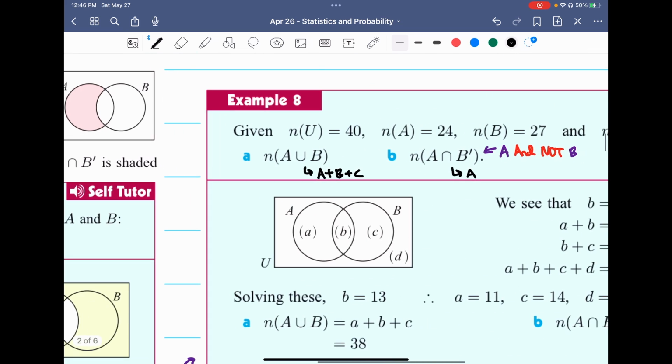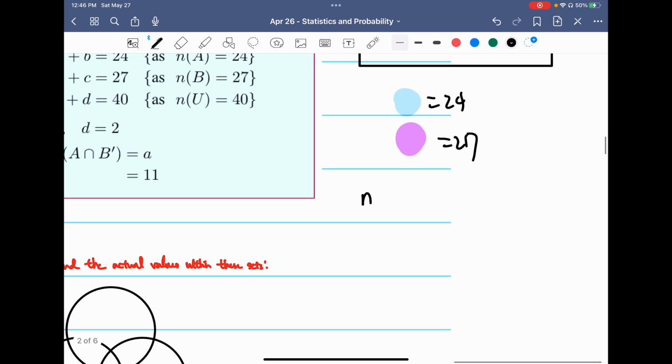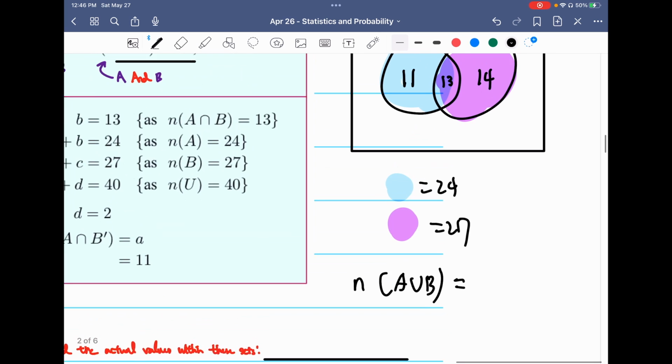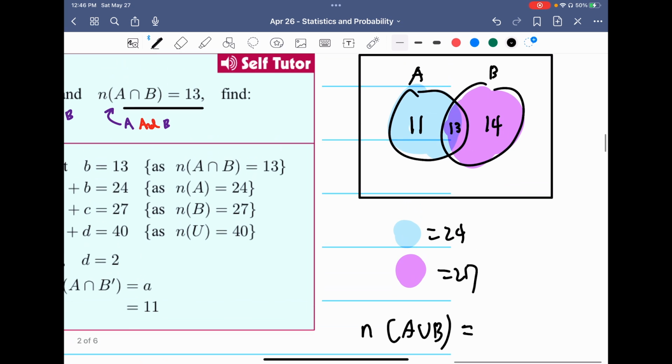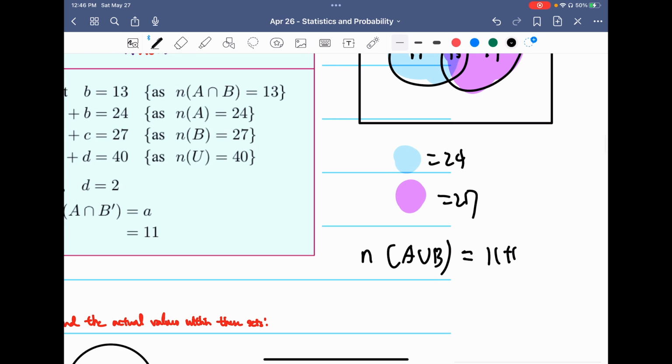So now using this, if we want to get n(A ∪ B), since U represents OR, we just have to add all the numbers here. So it'd be 11 plus 13 plus 14, which gives us 38.